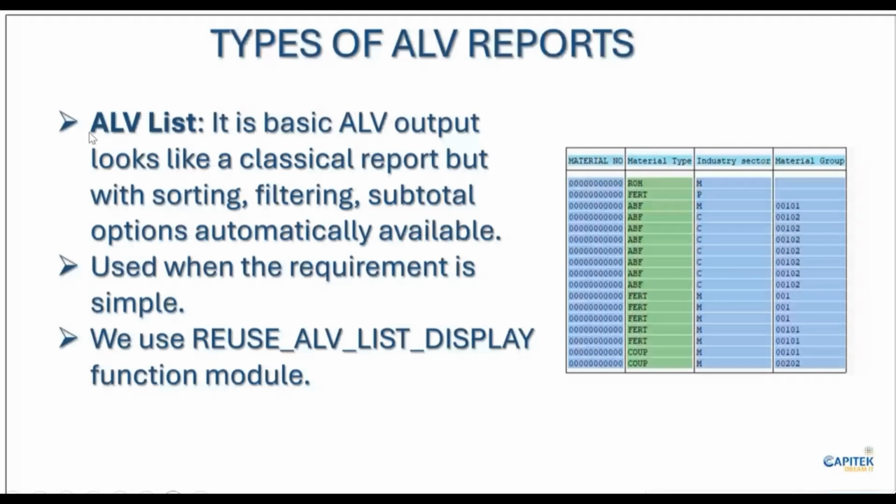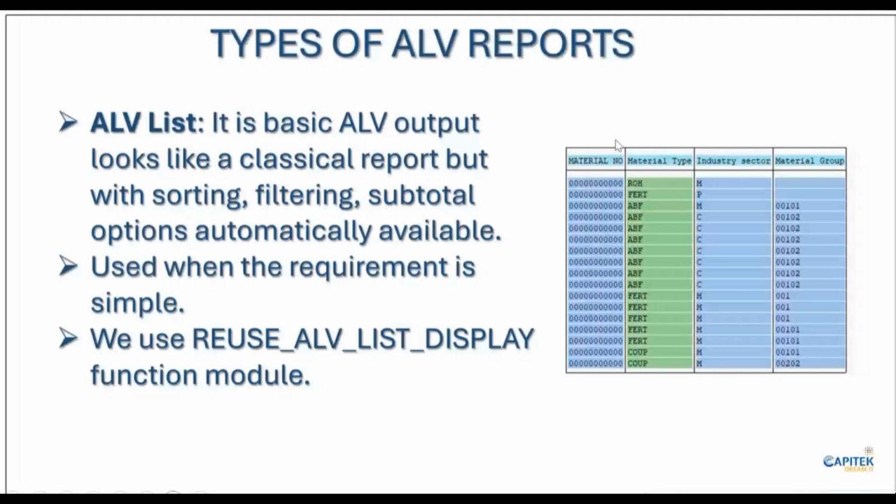Here, if you put your cursor on this material number, on the top you will find some options like sorting in ascending order, descending order. If you select that, the content will change accordingly. So this is how the output looks like, right?